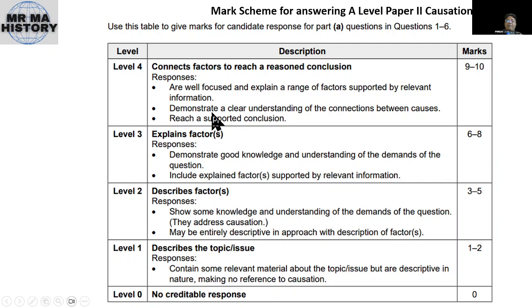Then, apart from this, the response should demonstrate connection between different reasons and causes, and a supported conclusion. The final judgment means the response shows which reason, for example, is the most important and why, and which one is not.